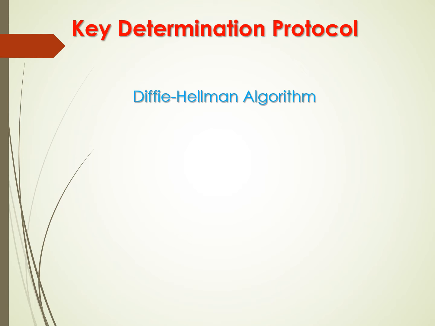Diffie-Hellman involves interaction between two users, say user A and user B. There are a lot of things involved in the Diffie-Hellman algorithm to share the secret key between these two users. In this video lecture, I am not going to discuss in detail how the session key is exchanged between two users using the Diffie-Hellman algorithm.